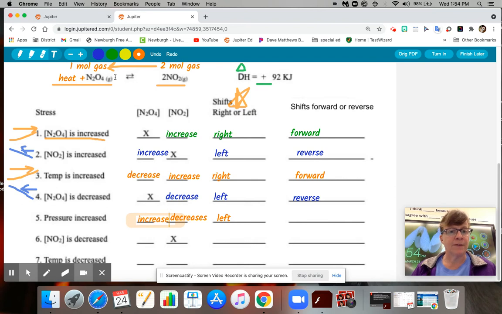If you're going to the left, that is clearly the reverse. Okay, let's try these last couple again. Make sure you're pausing the video and trying it for yourself. NO2 is decreased.